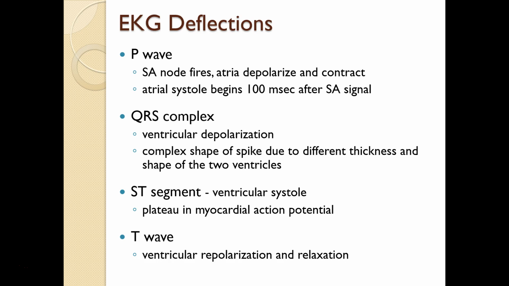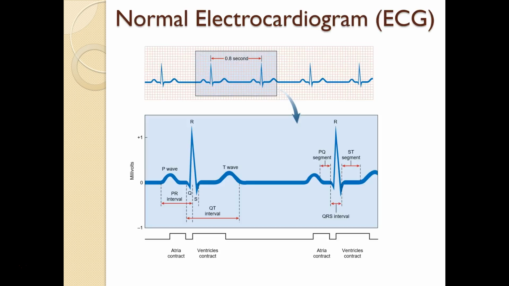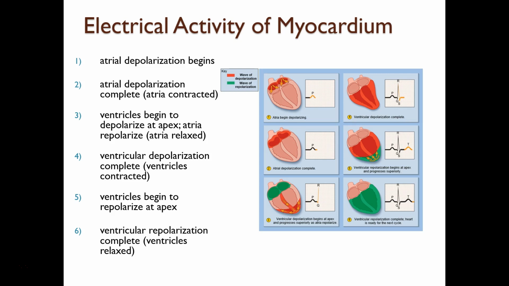And that's because of the presence of calcium there. So the T wave is where you have the ventricles repolarizing and then going back to their relaxed state. All right, so this slide helps to coordinate the actions of the heart with what you see going on in the ECG. So this may help you put those things together. Okay.